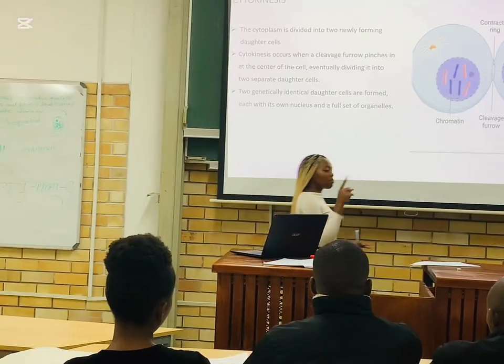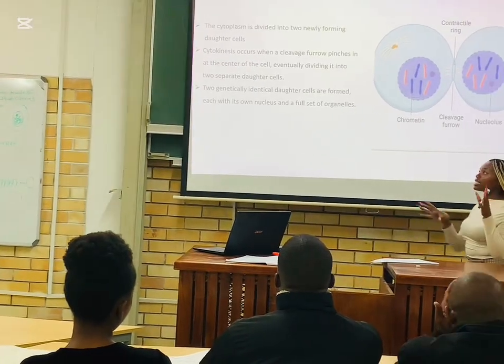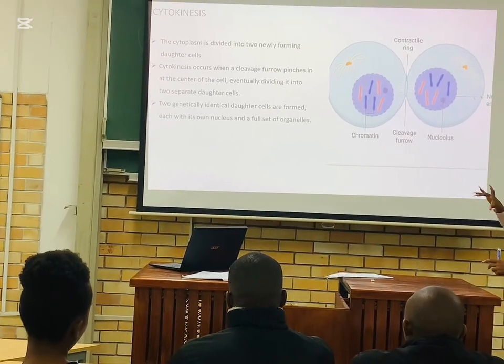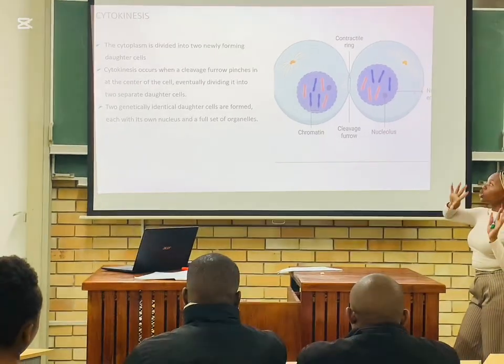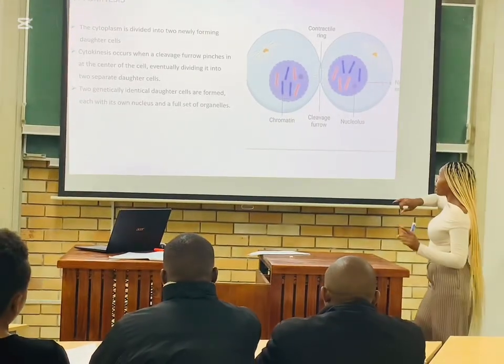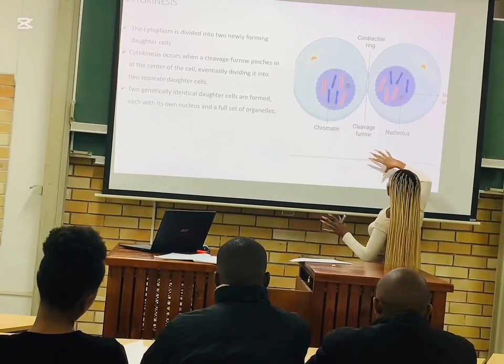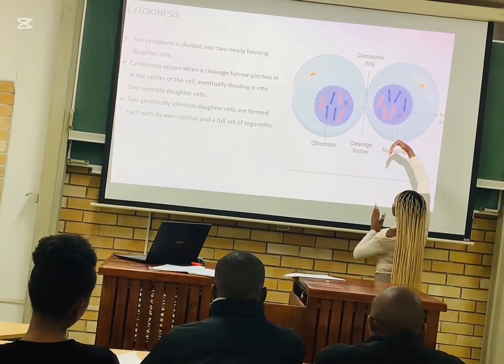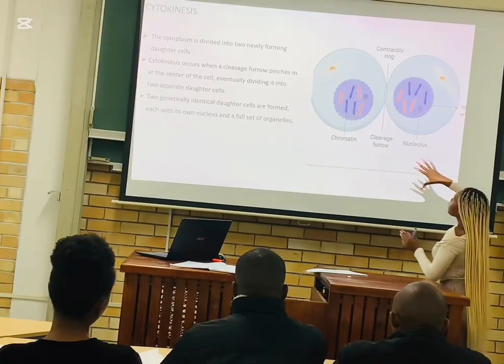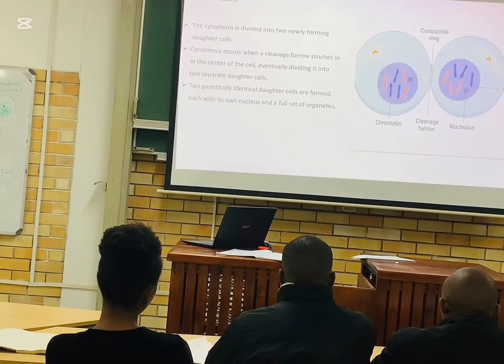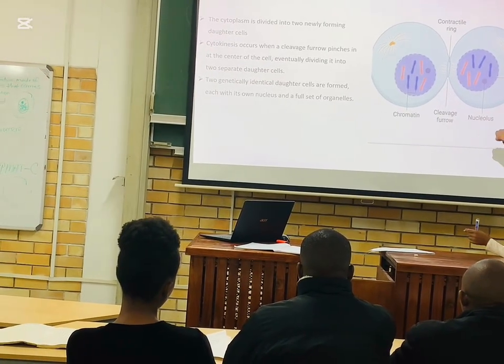Remember, we said that mitosis is the process whereby a single cell divides, forming two daughter cells which are identical, right? So if you remember, this was a single cell, and then it started pinching in, forming two daughter cells.